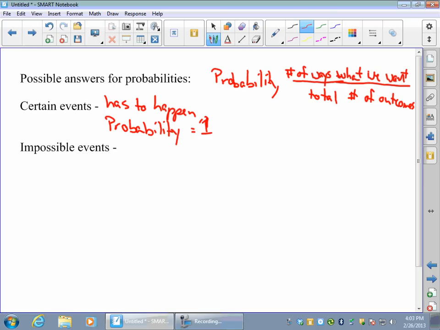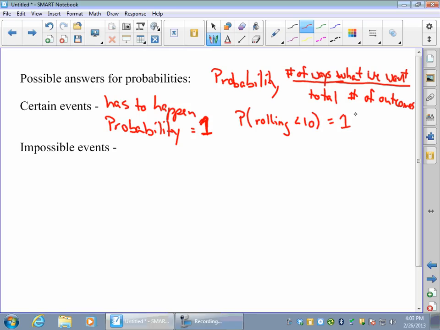For an example, I'm rolling a die, a regular six-sided die. The probability of rolling something less than a 10 is guaranteed to happen because every number on the die is less than 10. So that means the probability would have to be 1.